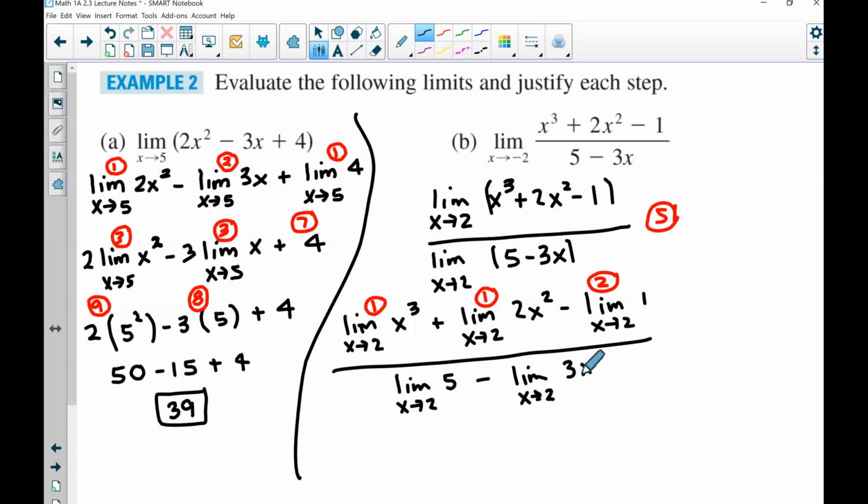Okay, now again, what are the properties used there? Well, we used 1 and actually 2, because 2 was subtraction. So we're actually using 2 there.